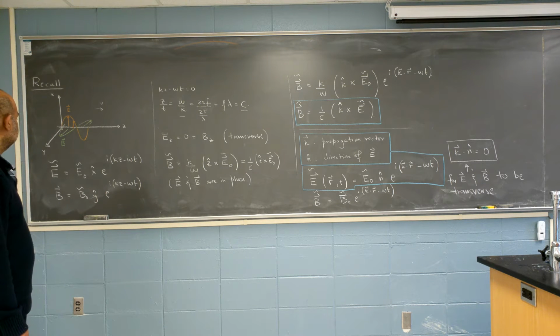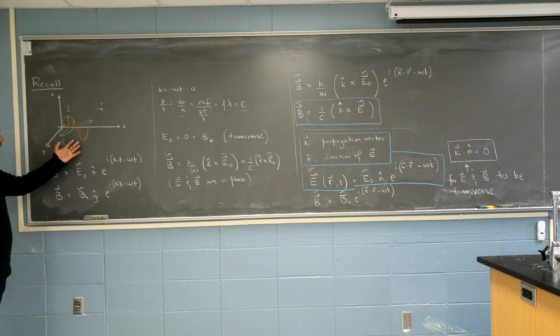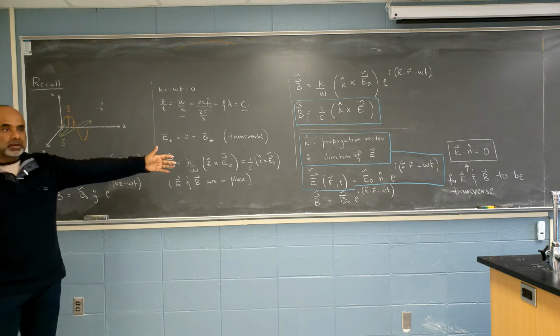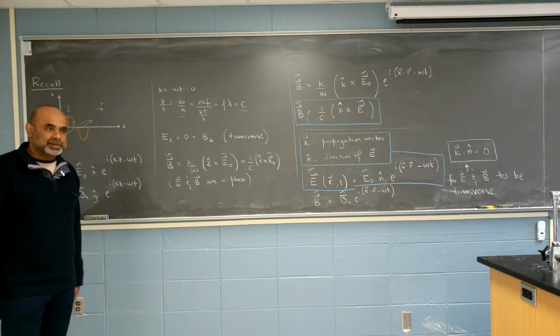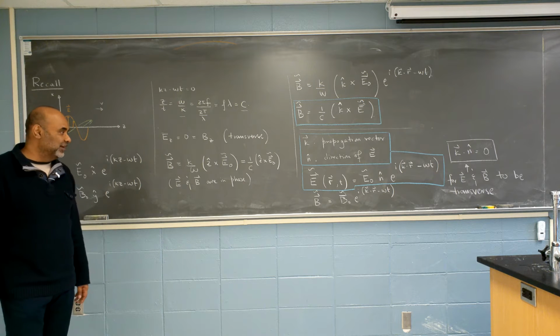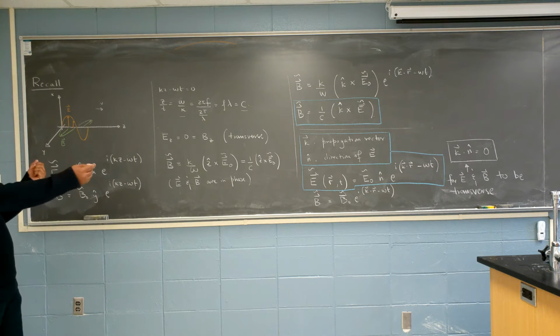So these are the facts to remember. Have this picture in mind, and we'll do most of the things using this picture, because who's going to think of a wave going southwest at 37 degrees. It's easy to just align the axis, right?